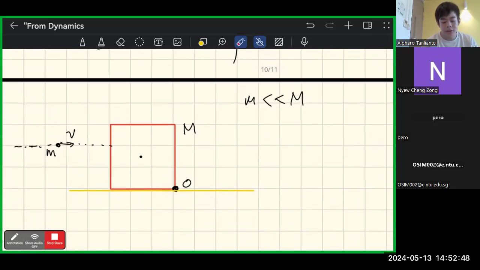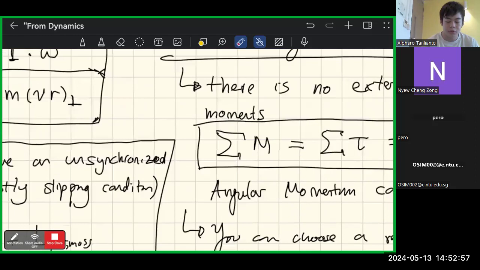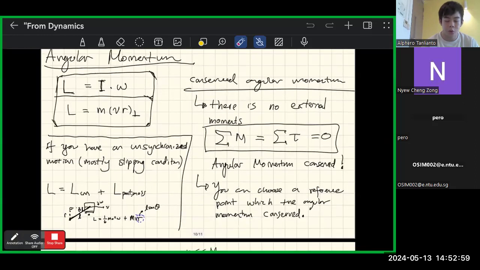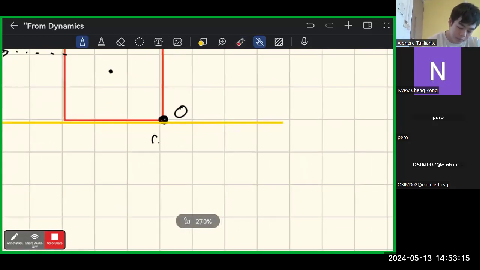But the force here has an arm length of 0, because the moment is force times the perpendicular length, and the force is exactly at the point. So we just use this as a reference point.